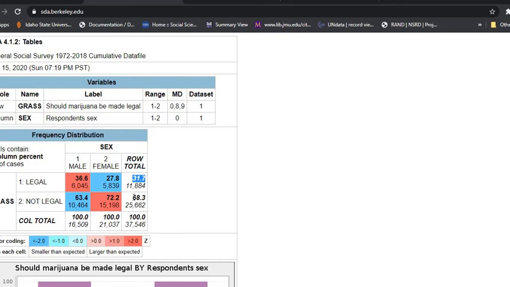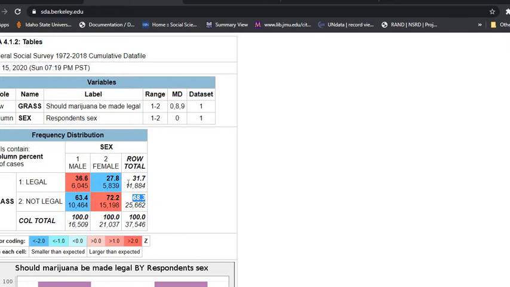On the other hand, for the whole sample, 68.3% say that marijuana should not be legal. So the majority say no, it shouldn't be legalized. But that's for males and females lumped together. But again, our main interest is: is there a gender difference here?